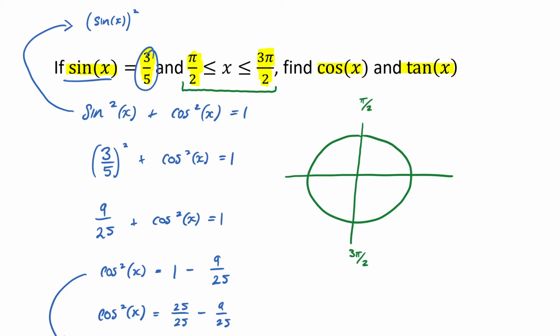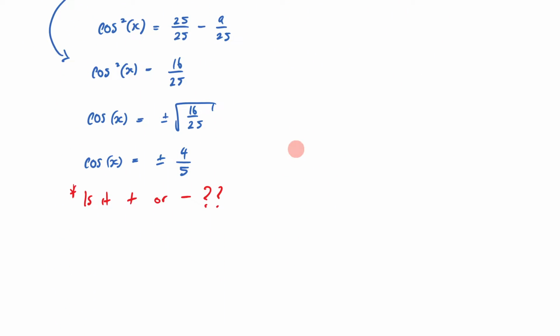That means we're looking at our second and third quadrant. Now, you can kind of see in my second and third quadrant, cos is always negative, isn't it? So it's quite clear straight away that I'm going to end up with cos of x has to be equal to negative 4 on 5. It has to. Because in my second and third quadrant, I only have negative cos values.